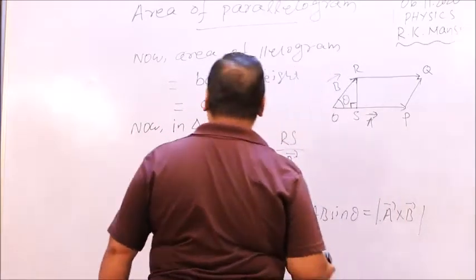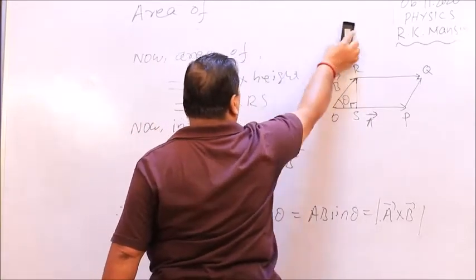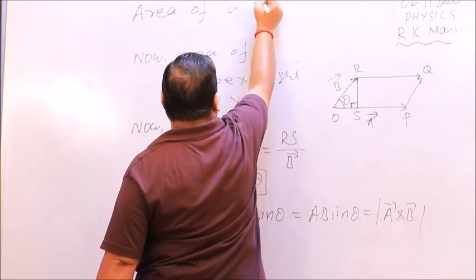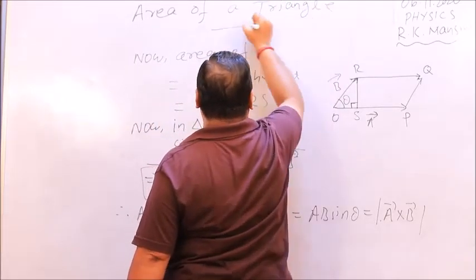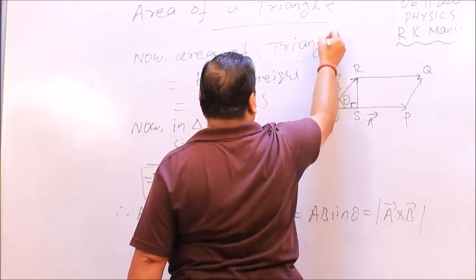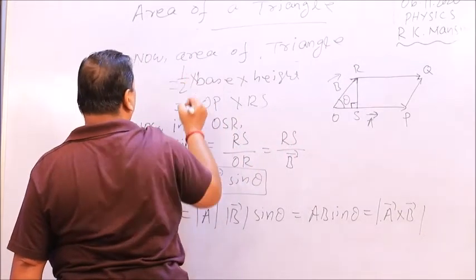Now similarly we can find out the area of a triangle. Area of a triangle equal to half base into height.